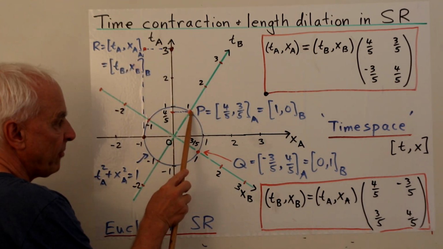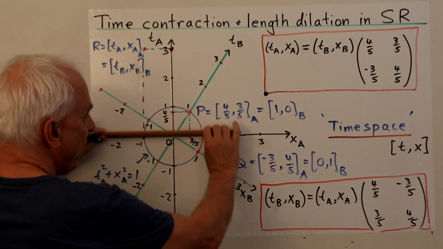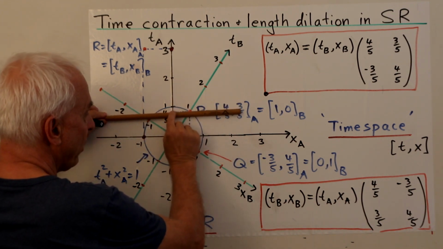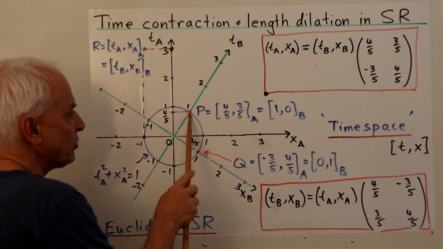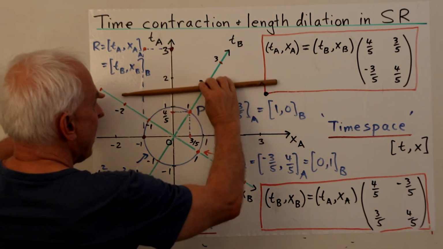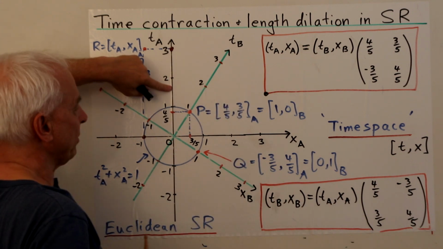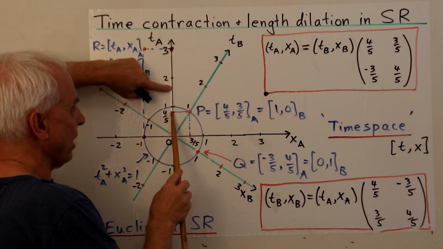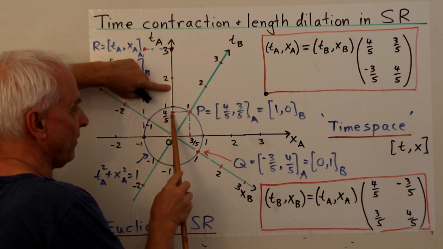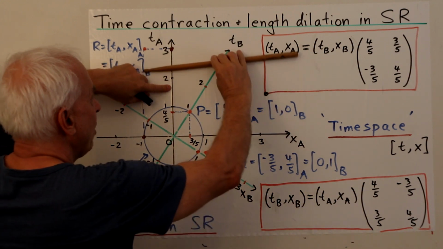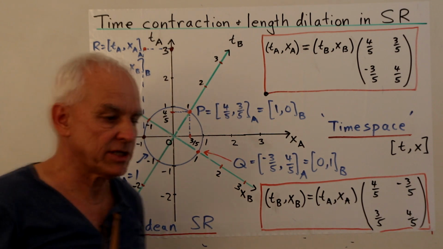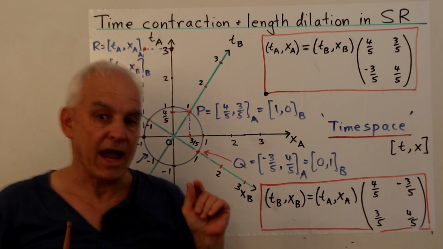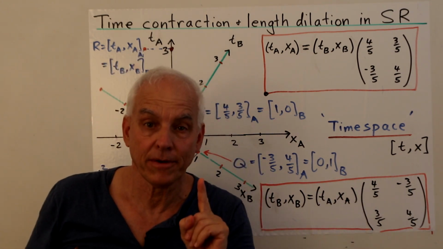This next tick, represented by this point here, will in A's frame have time coordinate 4/5. And then the next one is here, will have time coordinate, well, it'll be 2 times that, it'll be 8/5. And then the third one will be over here. So A registers B's clock as ticking faster.